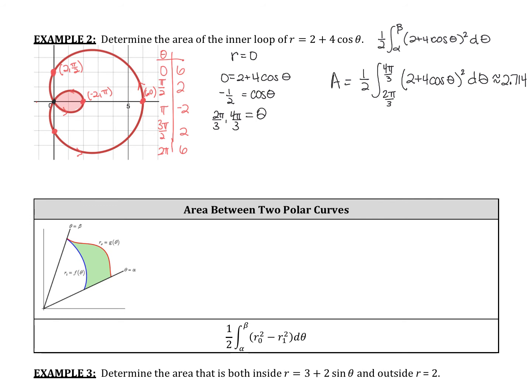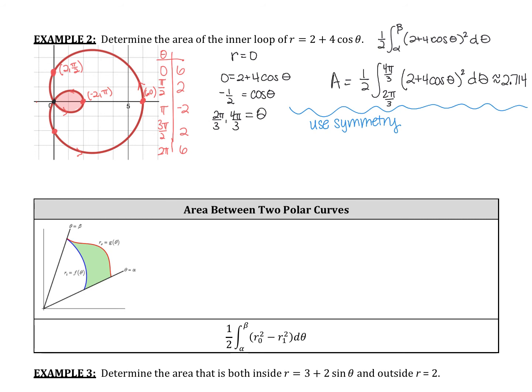Now, I want to show you another way we could do the same problem. Same problem, just a different method. What if we use the idea of symmetry? All of these graphs are symmetrical. So what if instead of finding that whole area, I work on finding half of the area?